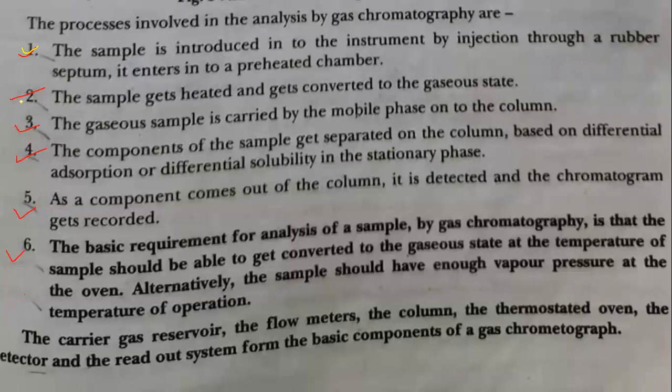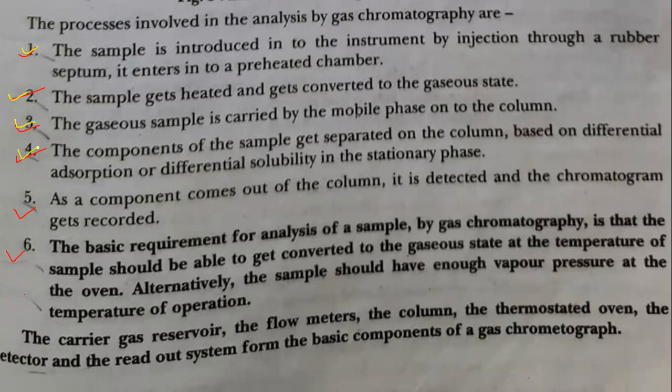The sample gets heated and converted to the gaseous state. Then the gaseous sample is carried by the mobile gas phase that is coming from the reservoir, where it is filled at very high pressure.